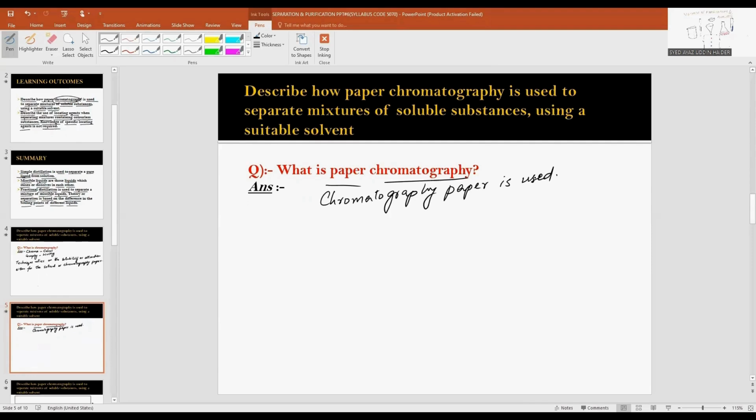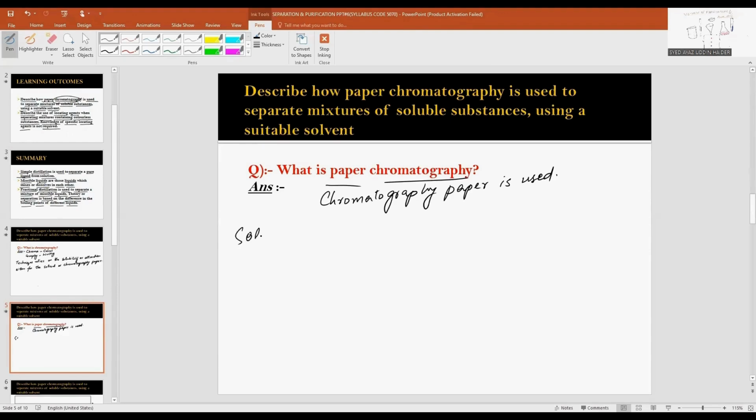The solvent is soaked up the paper. Solutes present in the dye will get dissolved in the solvent to different extents because of different solubility. That is, some are more soluble, others are less. In other words, solutes which are more soluble in the solvent will travel or cover a long distance on the chromatography paper, and those which are less soluble will travel less.